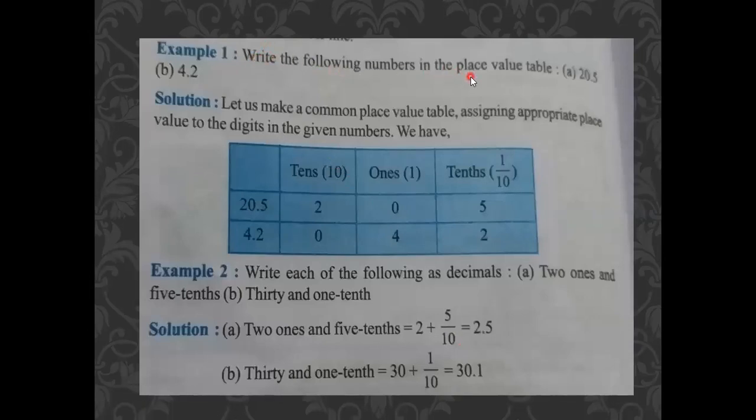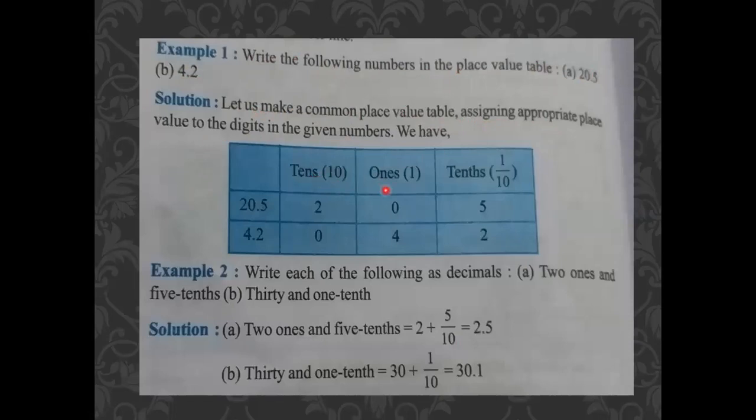Next, see the example. Write the following numbers in the place value table: 20.5, 4.2. They are asking us to write in the place value chart. Let us make a common place value table, assigning appropriate place values to the digits of the given numbers. This is the normal place value chart, but the tenths you will get extra.